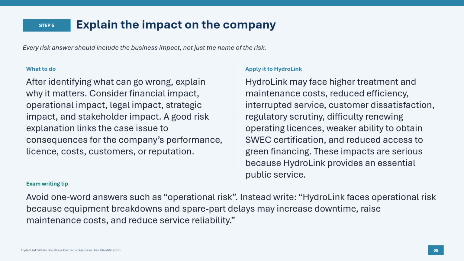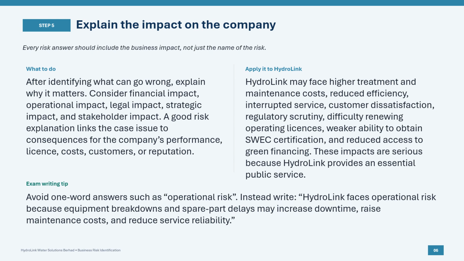So you need to know whether the risk is important or not based on the impact. Consider the financial impact, the most important one. I repeat again, consider financial impact. If they say you have a lot of risks, take out the financial impact one first. Next, operational impact.